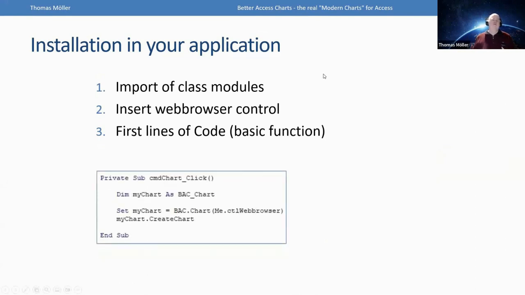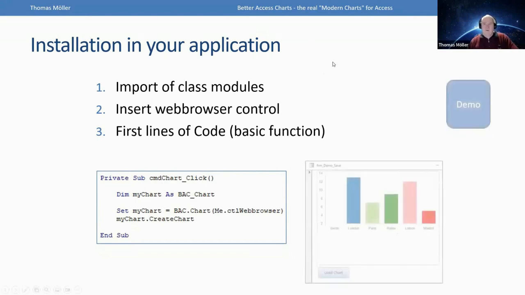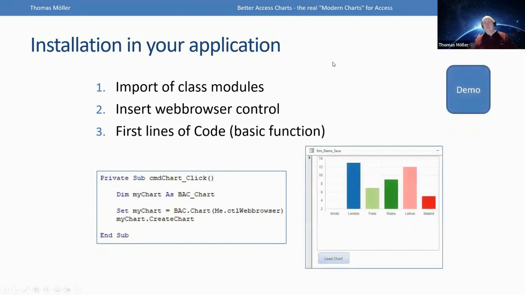Then add the web browser control and some first lines of code to have the basic function. It's only 3 lines of code we need to make sure the whole thing will work. And this is what we get when it works.